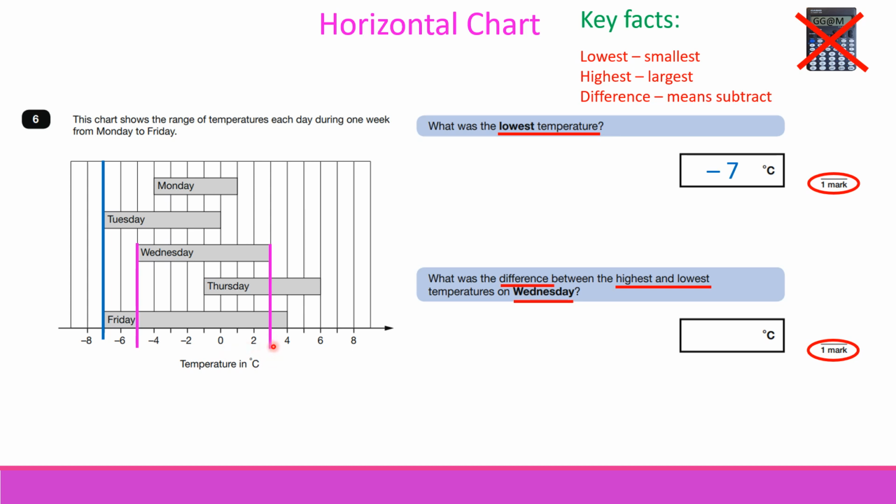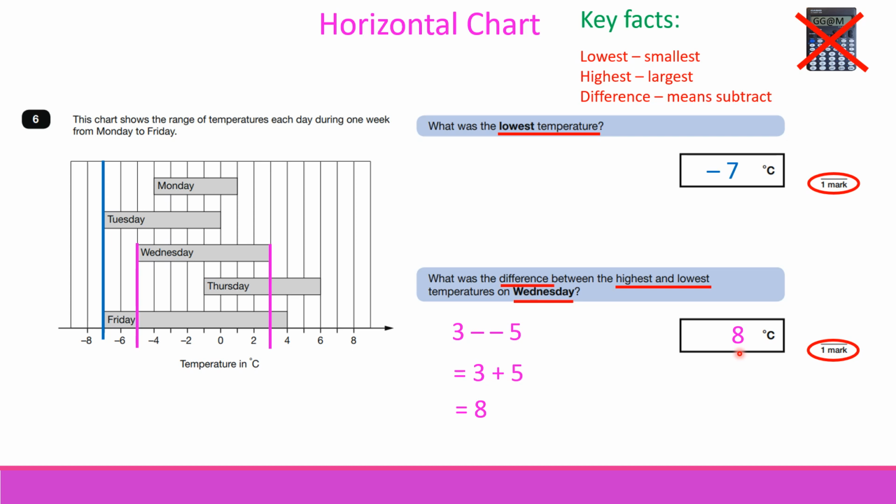So it's got a value of 3. So we're working out the difference between -5 and +3. So that is the same as doing 3 take away -5. Now some of you will be able to work out that the 2 negatives here together is the same as a positive. So 2 negatives make a positive. So that's the same as doing 3 plus 5, which gives you an answer of 8, which needs to go in the box here.